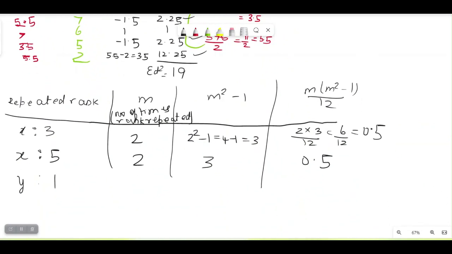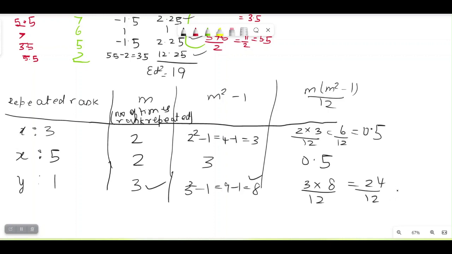But the thing is, this rank is repeated thrice. So M is 3. And then you do M square minus 1, which is 3 square minus 1, which is 9 minus 1, which is 8. And then you do M into M square minus 1. See, this is M, this is M square minus 1. So you multiply both of them, you divide by 12. 8 threes are 24 upon 12, which is 2.